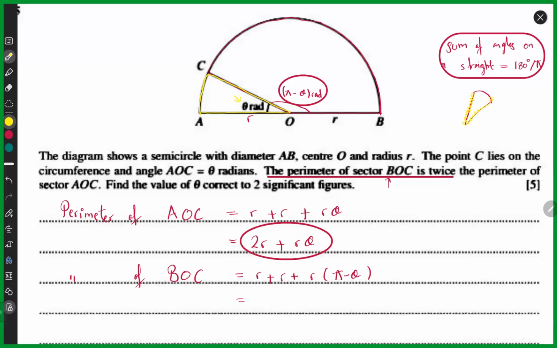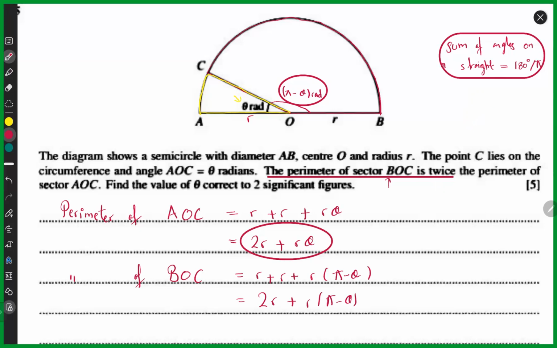So here we are talking about the sector BOC separately and AOC separately. And then there's this thing that it's twice and stuff like that. Perimeter is always going to be the entire boundary of the shape, no matter if it's being counted twice. Okay. So this would give you 2R plus R into pi minus theta. I've just simplified it so it's a bit simple.